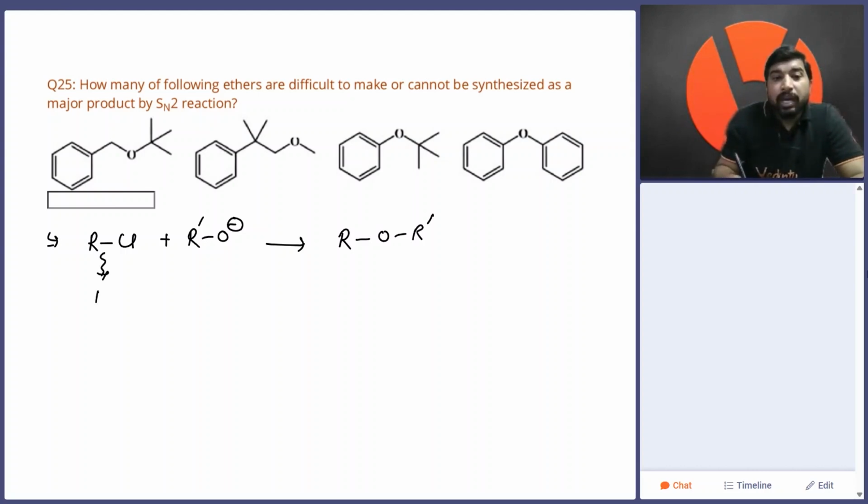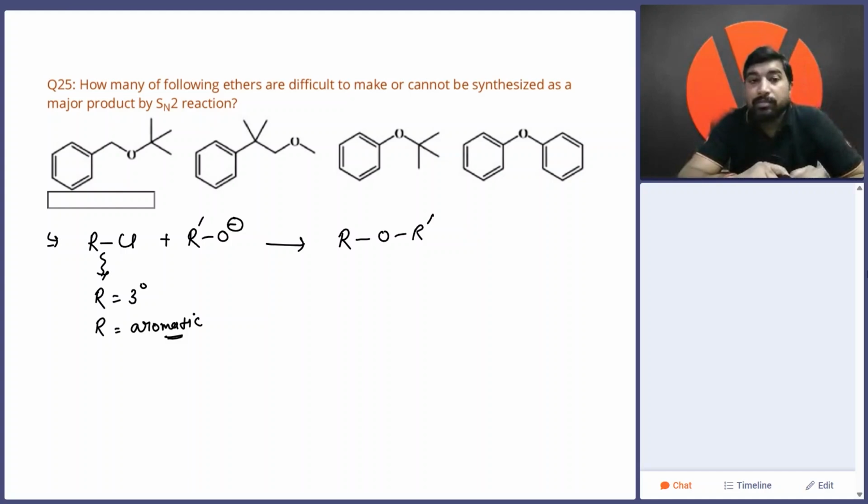If this R is 3 degree or this R is an aromatic ring, then in that case the ether is difficult to synthesize. In most cases, if R is 3 degree, then the elimination product will be the major product.